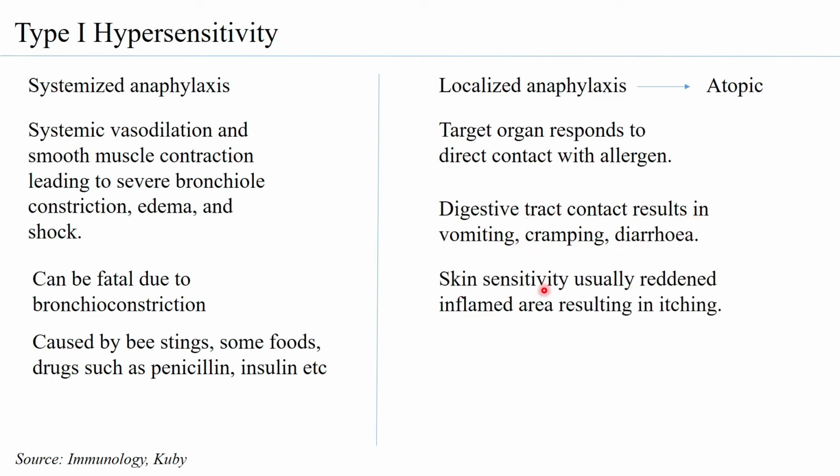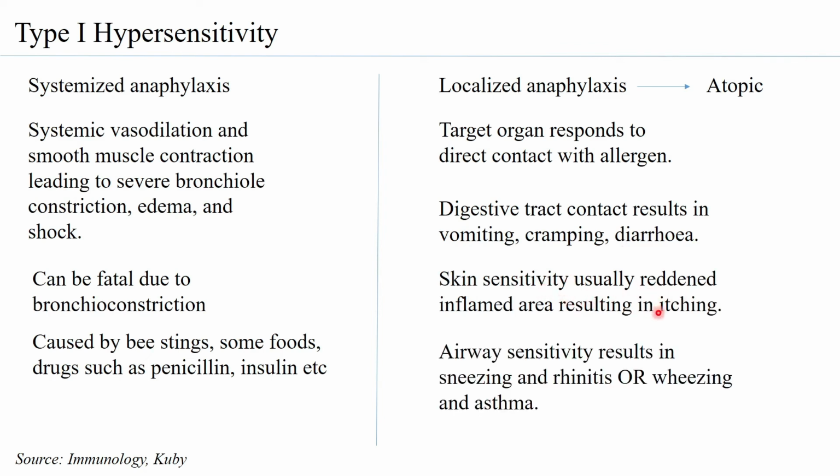If skin is the direct contact tissue, then it usually gets reddened and inflamed, resulting in itching, etc. If the airway is the target organ, then it can lead to sneezing or excessive running nose, wheezing, and asthma. So this is localized anaphylaxis.